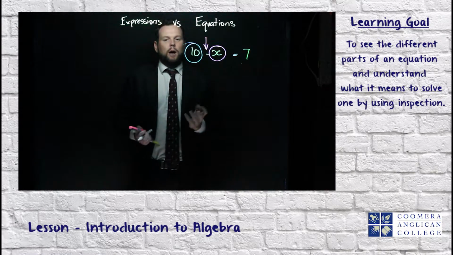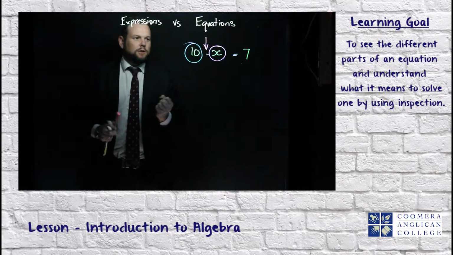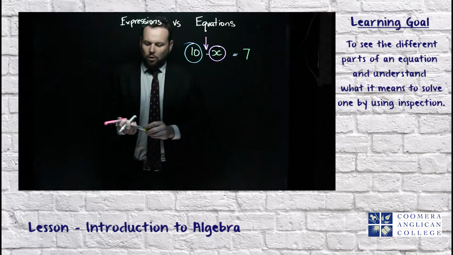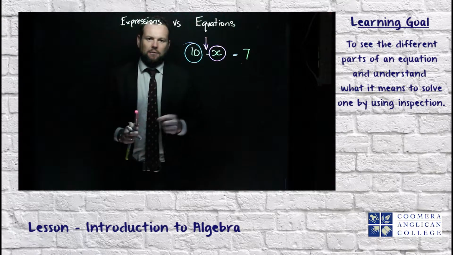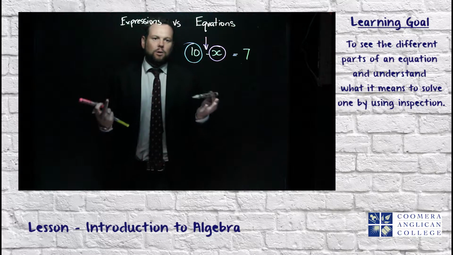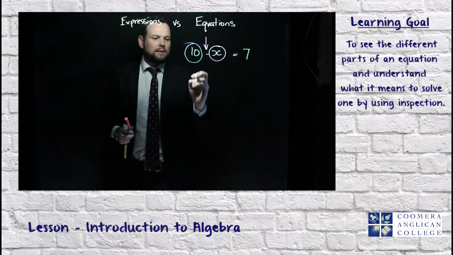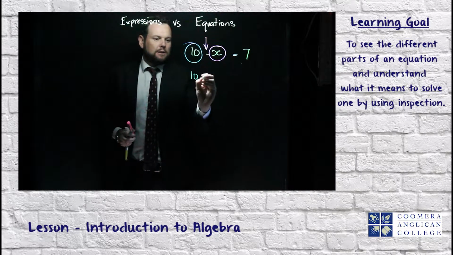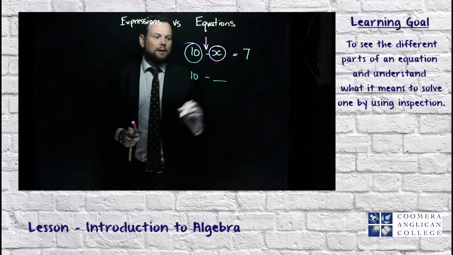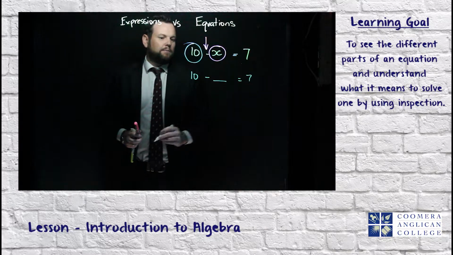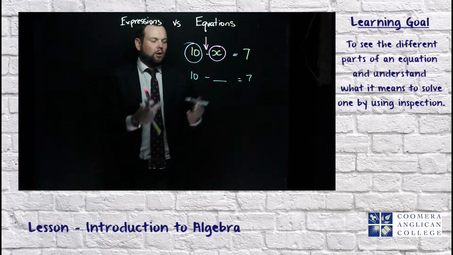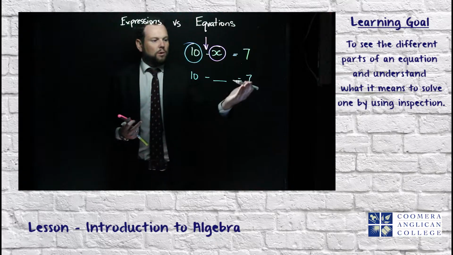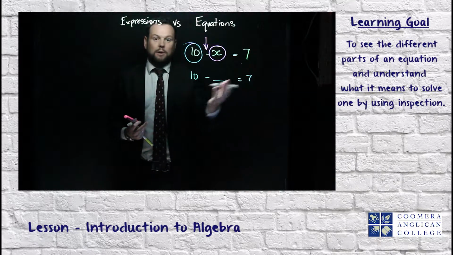Now when we look at simple equations, you've actually been doing these for a long time, except there hasn't been the variable there. Something that you would have seen in primary school is something that looks like this: 10 take away blank equals 7. I look at it and I go, what do I need to take away from 10 in order to make 7?